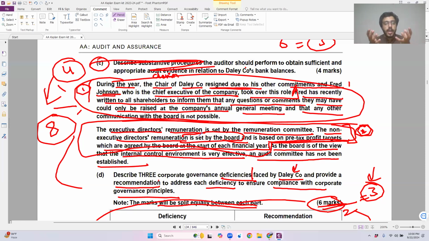Now, in professional words, how are you going to write this down within your answer? You are going to write that the audit committee of this company is not present, and the consequence of this would be that the shareholders would be reluctant to rely upon the financial statements prepared by the company.